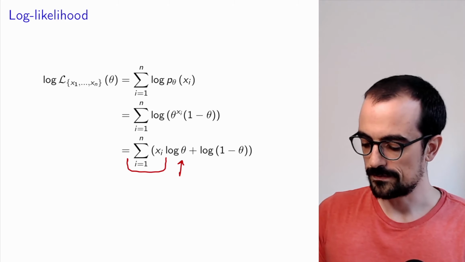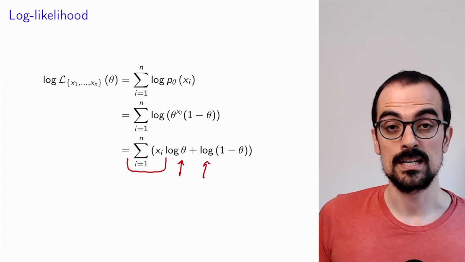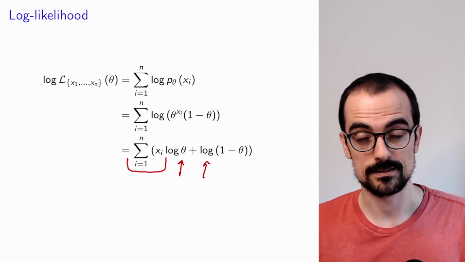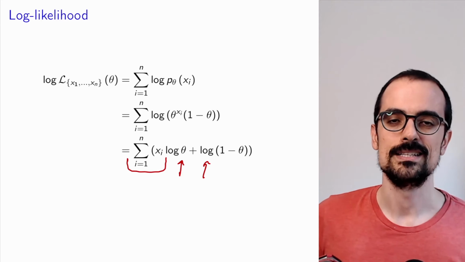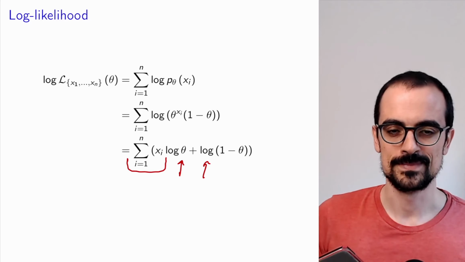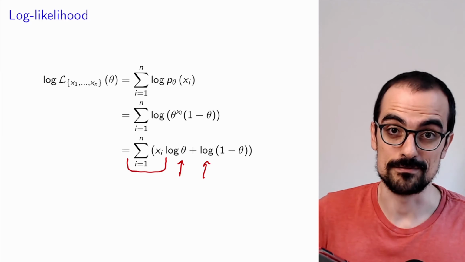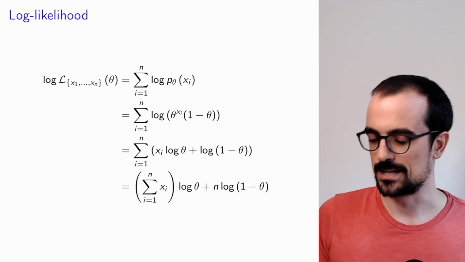And now we're going to have here log of 1 minus theta summed n times. N is the number of streaks. Realize that every time we see a streak according to our definition of streak, there's a missed free throw after it. So n is also the number of missed free throws. We can write this expression. I should have shown you this first.